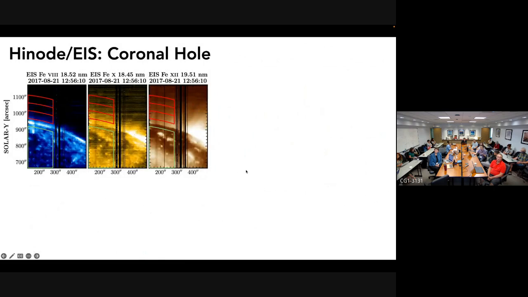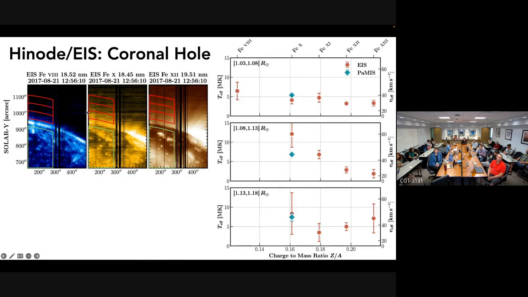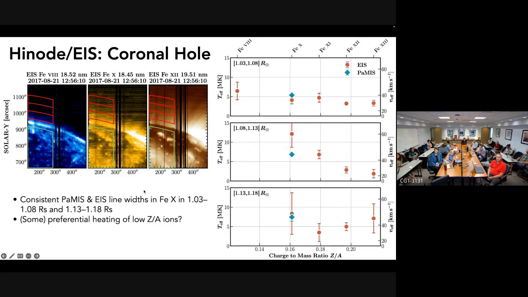And for the coronal hole observations, we also average the spectra in these three different regions. Due to the poor signal to noise ratio here, there are fewer lines that we can observe, but we still have some consistency between the line widths measured by ICE and PAMS only in iron 10, because iron 14 might be too hot for the coronal hole. But we got consistent results in these two regions.